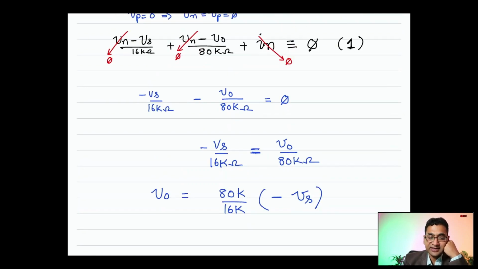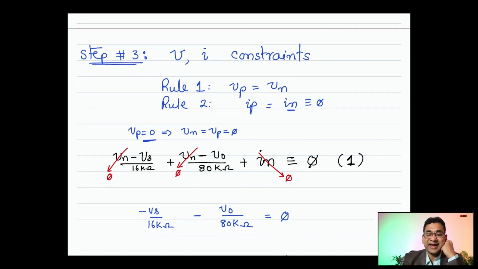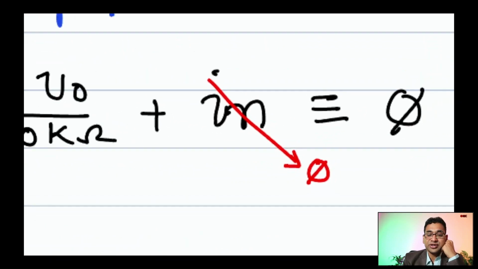There it is. You see, the secret is in applying these rules. When you apply Vp equals Vn, you see that Vp is tied to ground. Therefore, the Vn term really nicely goes to 0. When you apply the second rule, Ip equals In equals 0, that's called the current constraint, that In term drops to 0.